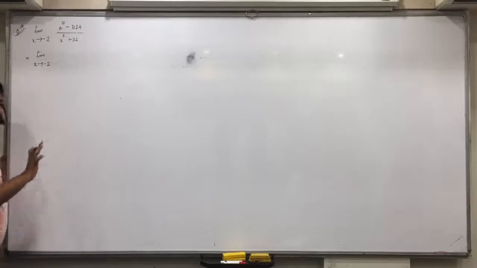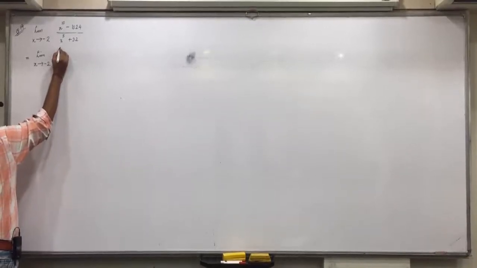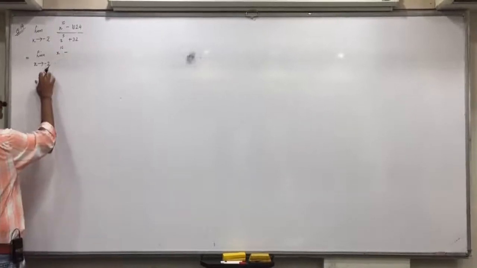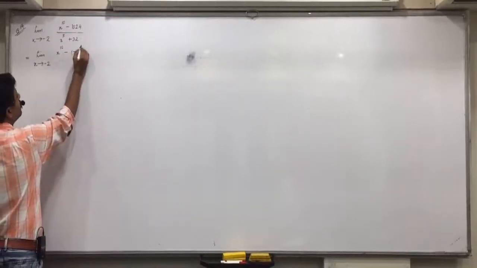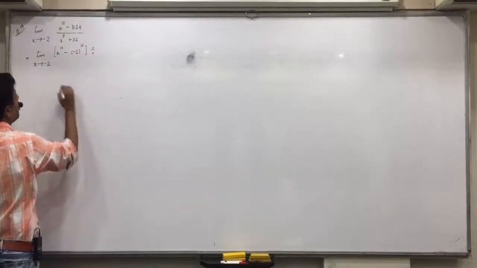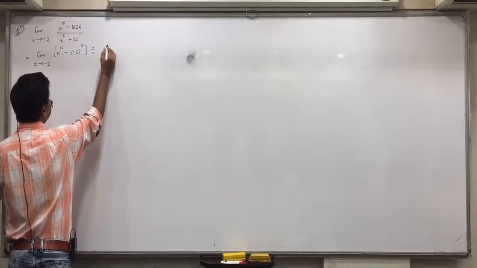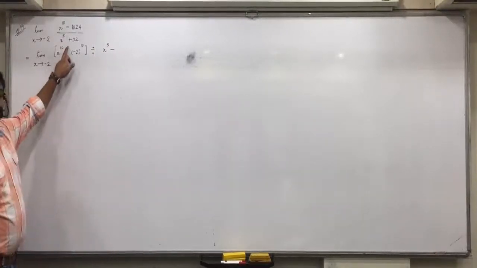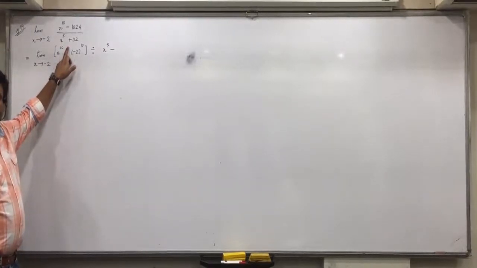If in between there is minus, well and good. But even if there is plus in between, you write minus. So x raised to 10 minus minus 2 raised to 10, divided by x raised to 5, now you write minus, though there is plus. You will always write minus in between.